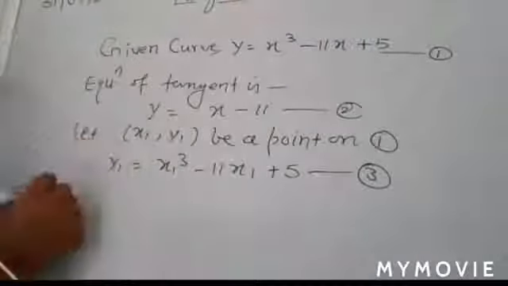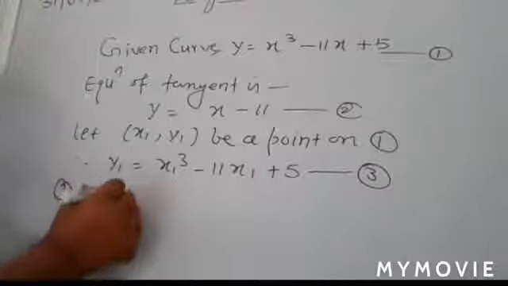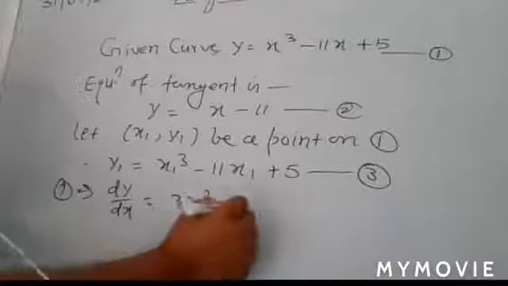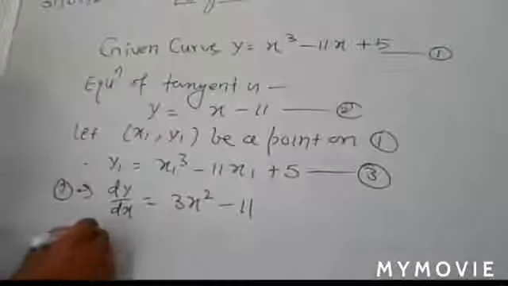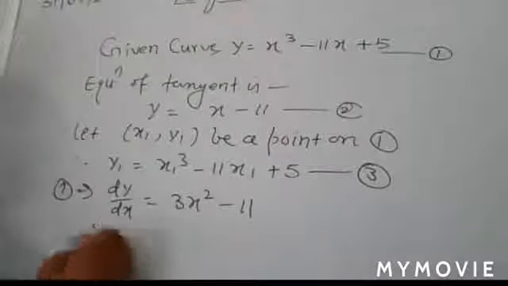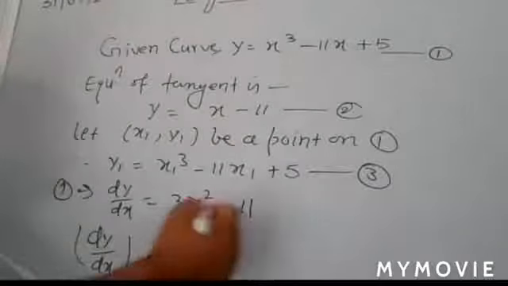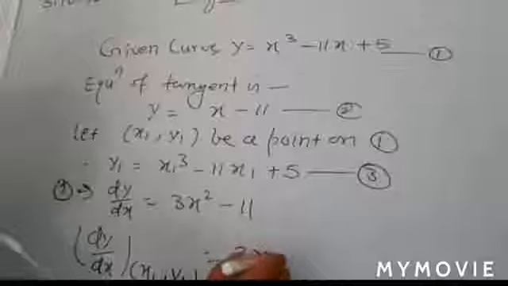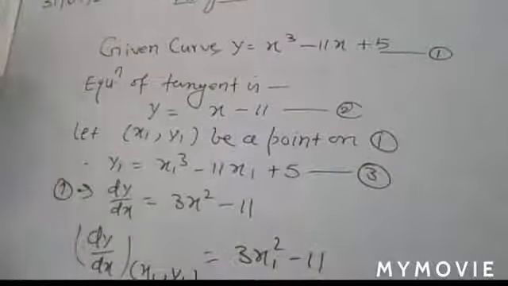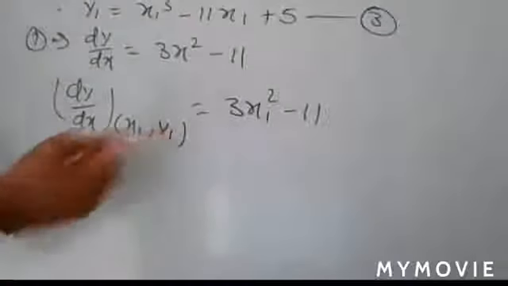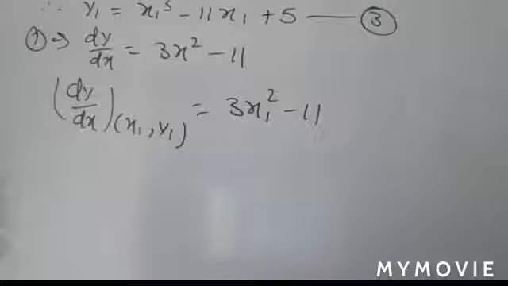Now differentiate it: dy by dx is equal to 3x1 square minus 11. Now finding its value at the given point x1, y1, that is 3x1 square minus 11. So that gives the value of derivative at the given point.